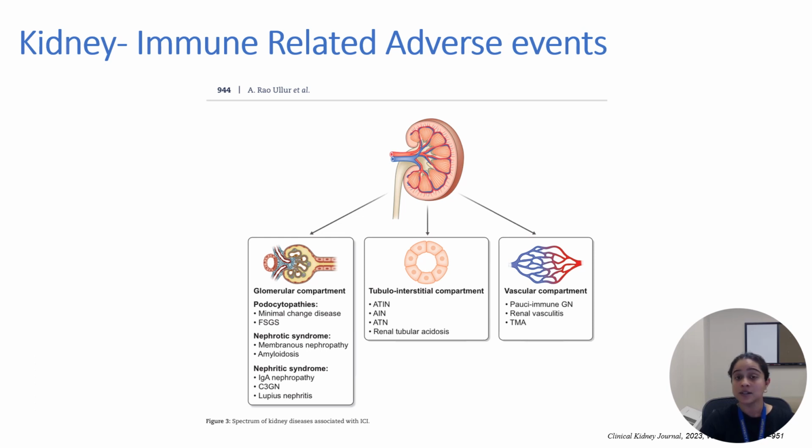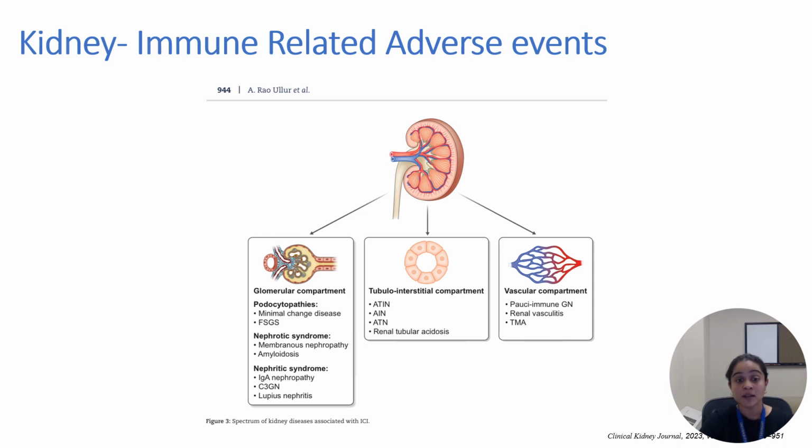Classically, acute interstitial nephritis is thought to be a common cause of acute kidney injury in these patients. But we now know from case reports and case series that activation of the immune system can lead to TMA, renal vasculitis, post-immune glomerular diseases, some podocytopathies, acute tubular necrosis, and some colleagues have even described a special type 5 RTA.